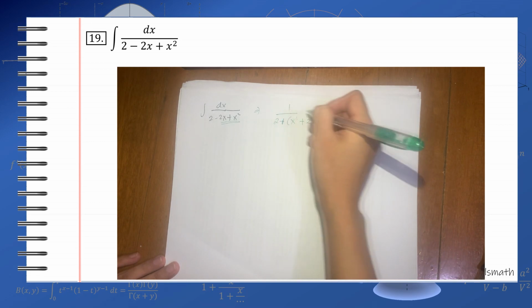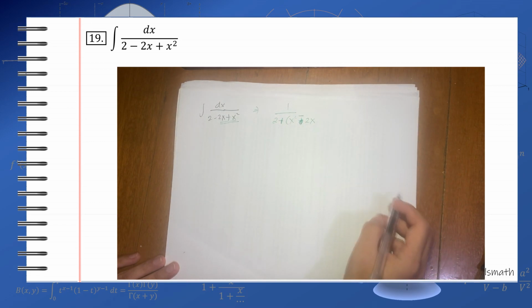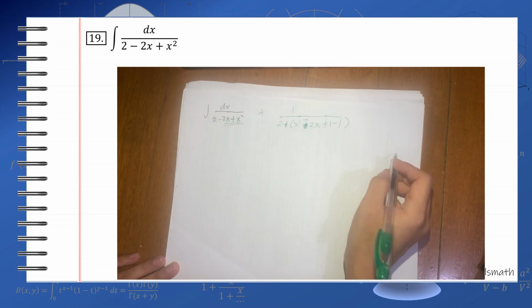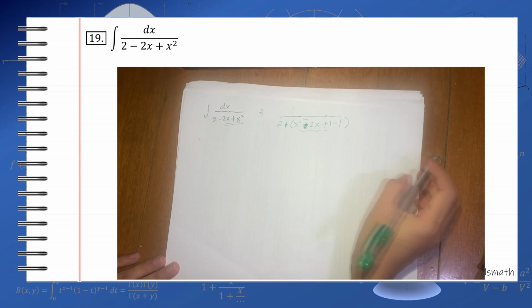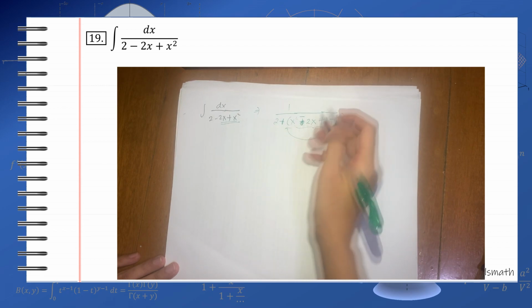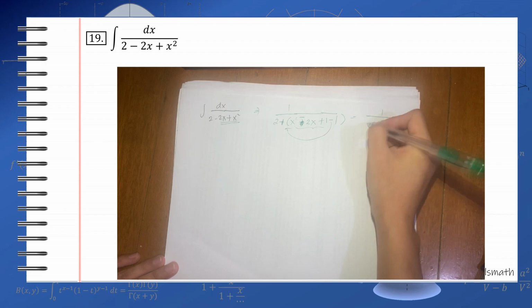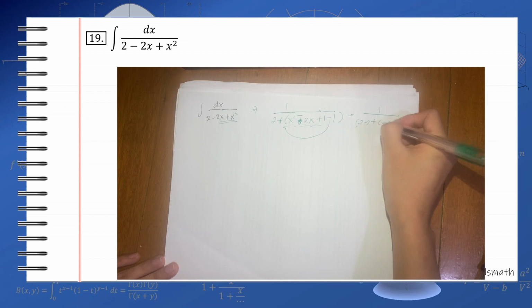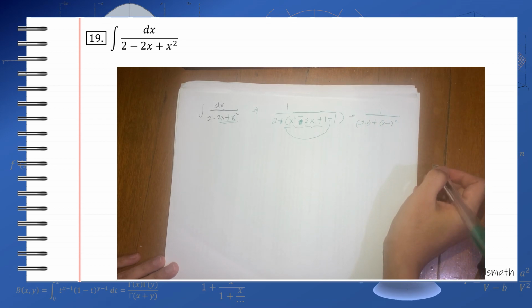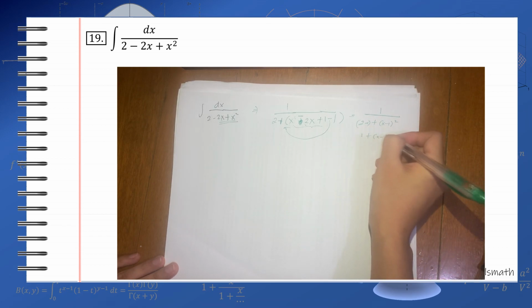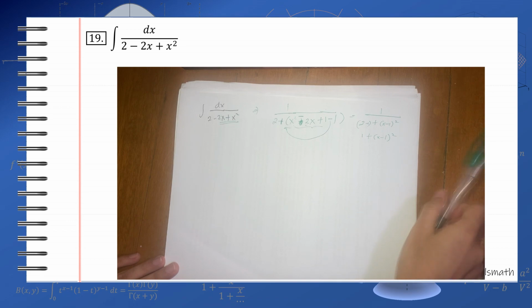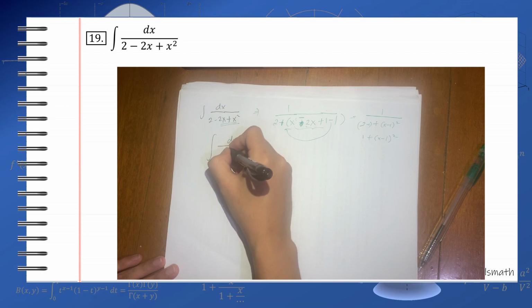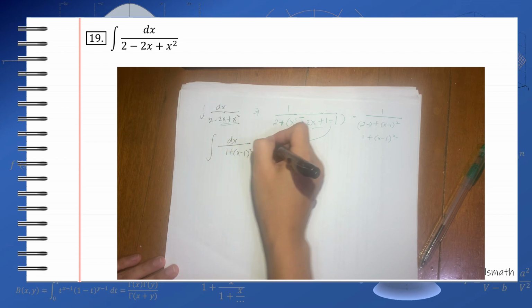Sorry, that's plus, then minus. So what we do is a plus 1 minus 1. To make this a perfect square trinomial, I put the minus 1 here. So I get 1 over 2 minus 1 plus, this is x minus 1 squared. So this is 1 plus x minus 1 squared. So we are looking for the integral of dx over 1 plus x minus 1 squared.